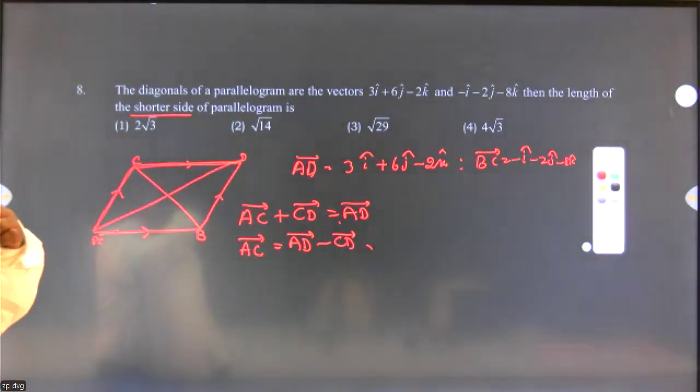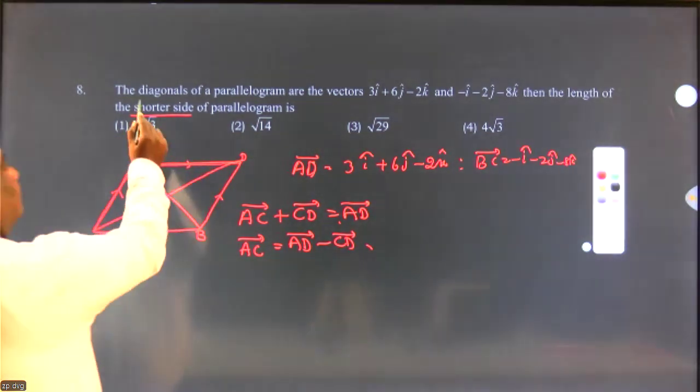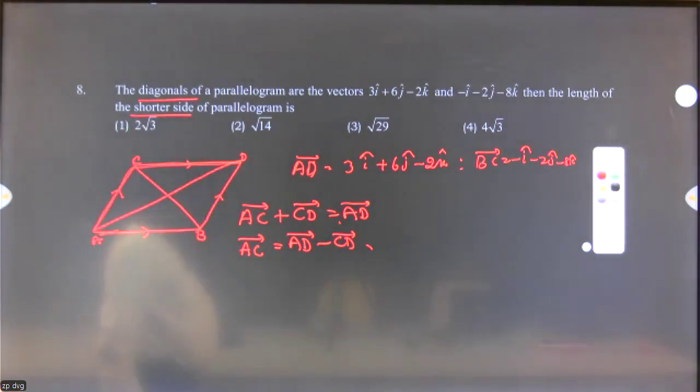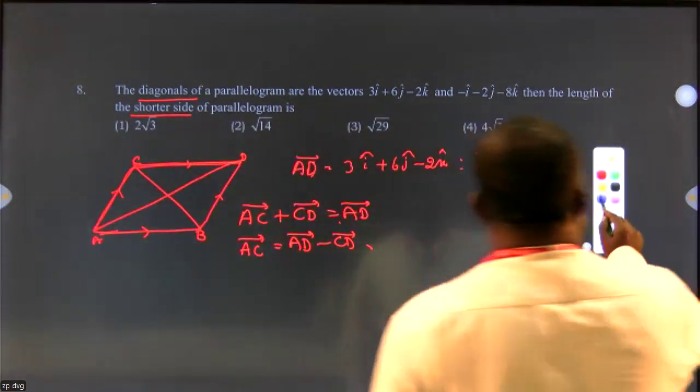Since the diagonals are given, if you derive from this, you are going to get the sides directly.